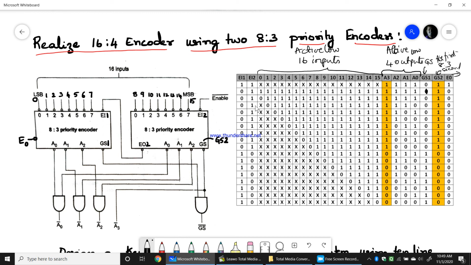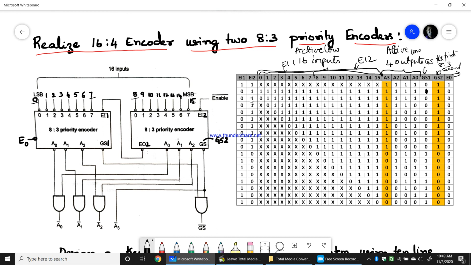But in the next step, you see EI1 is enabled, EI2 is disabled. EI1 will go with the 0 to 7 values, and EI2 will go from 8 to 15. So 0 to 7 is EI1, whereas 8 to 15 is EI2.